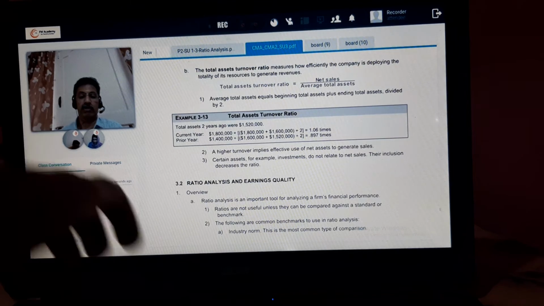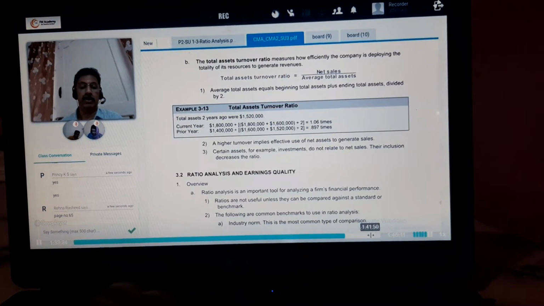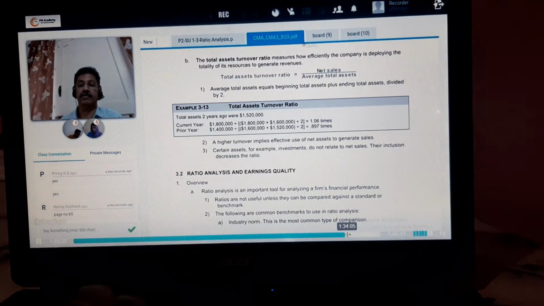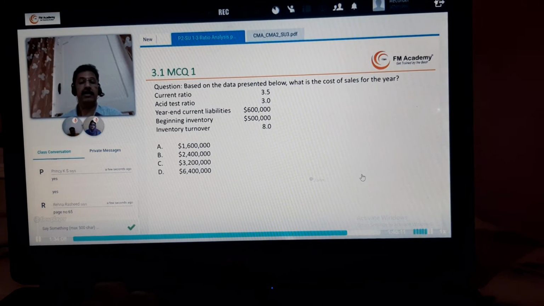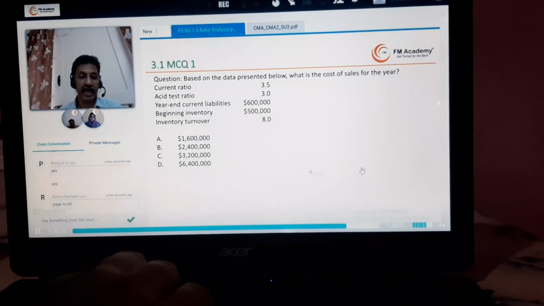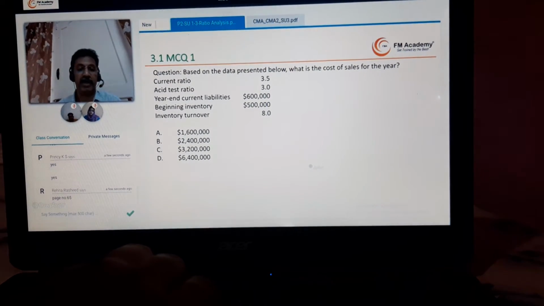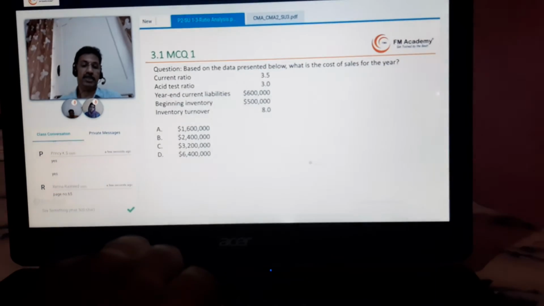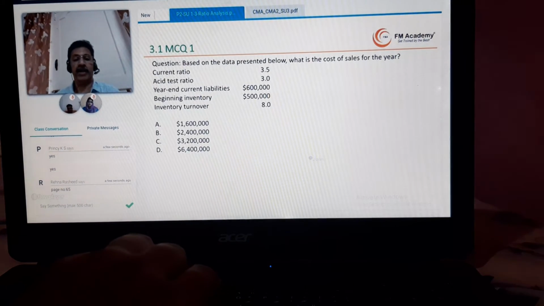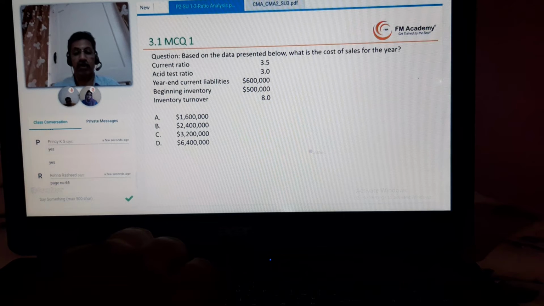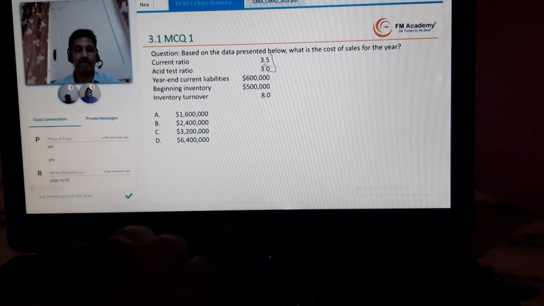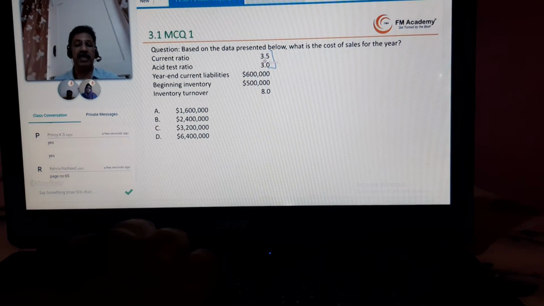Total asset turnover, working capital turnover ratio, all that we have seen. Let's do the questions. Current assets minus inventory is quick assets. That divided by current liability is the acid test ratio. From there, if these two numbers are given, you can immediately find the ending inventory.